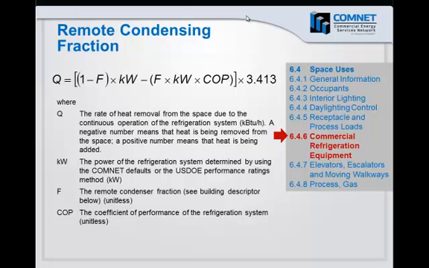And the COP is the coefficient of performance of the compressor. So you plug those values in, and it gives you the value Q, which is the rate of heat removal from the space, assuming continuous operation of the HVAC system. So this could be plugged back into the model, and you could get a more accurate simulation, even if your model doesn't explicitly deal with commercial refrigeration.